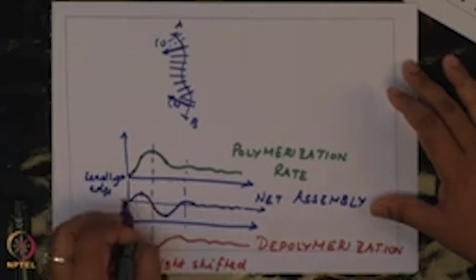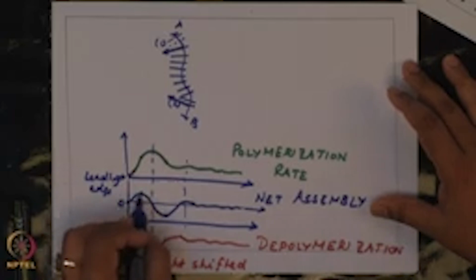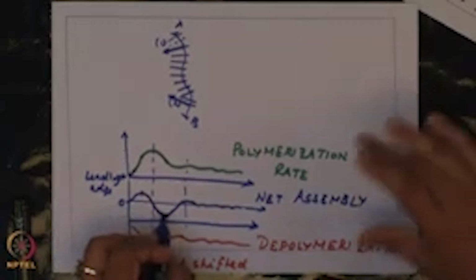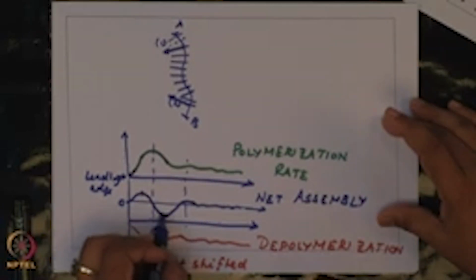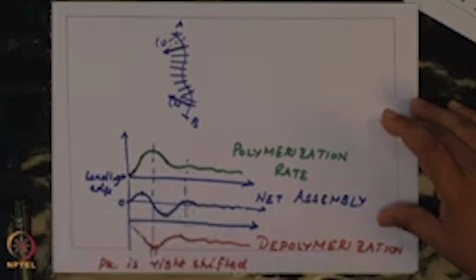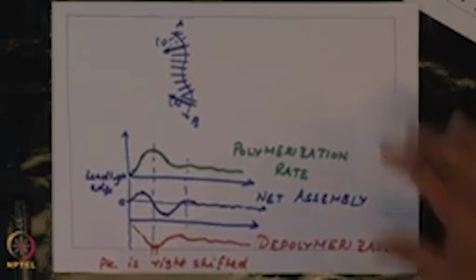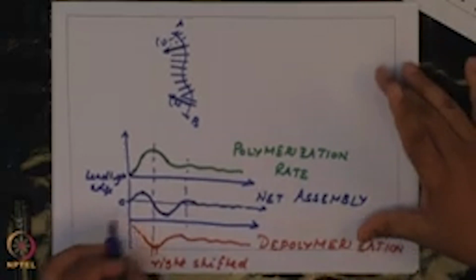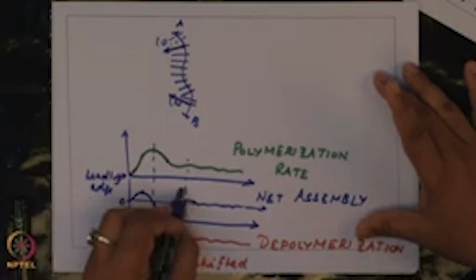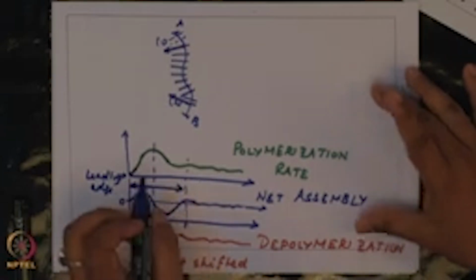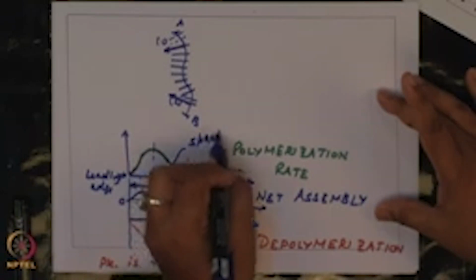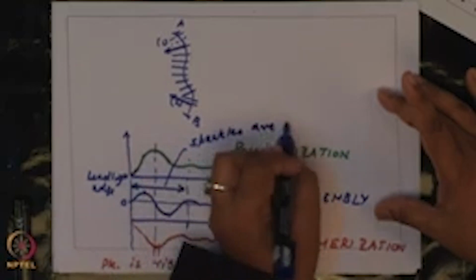Let us say this is 0. The positive peak signifies net polymerization, followed by a negative peak, which is basically the peak of depolymerization, and a minor peak here. So what the authors realized was that this entire zone, where you have the polymerization peak followed by the depolymerization peak, is also the zone where the speckles are fast moving.